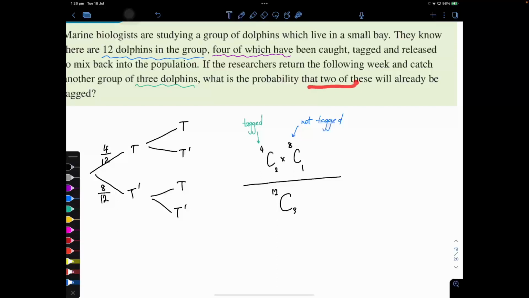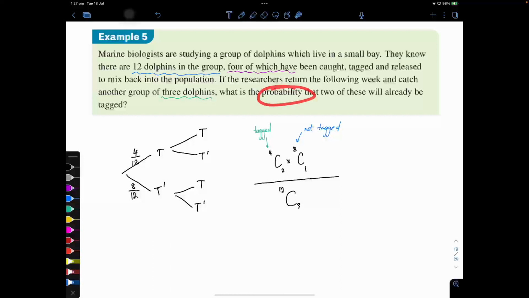If you're just focusing on choosing 2 of them being tagged, then you're choosing from those 4. That's your desired outcome. And if you're only choosing 2 of them out of the 3, whatever's left is 8. You're gonna pick one of them that's not tagged, because it's asking about the probability.